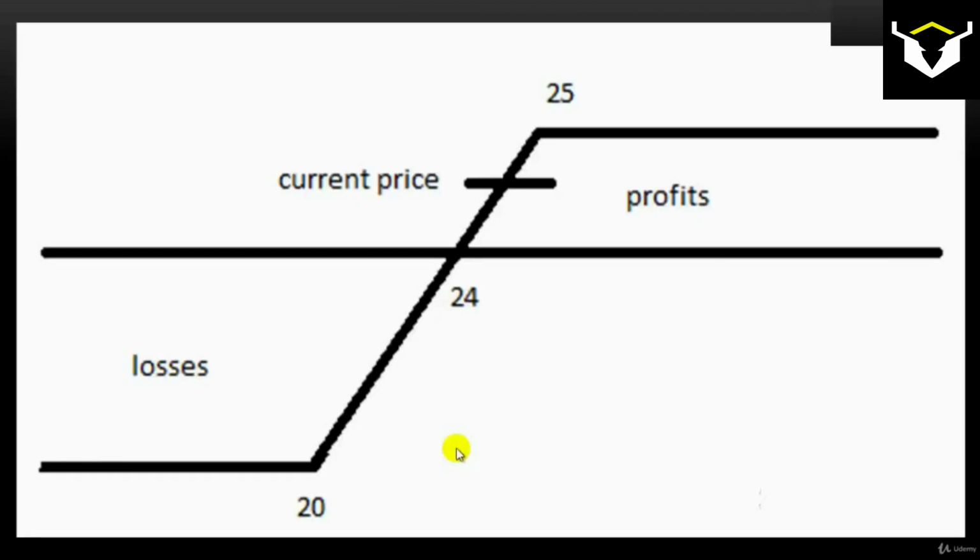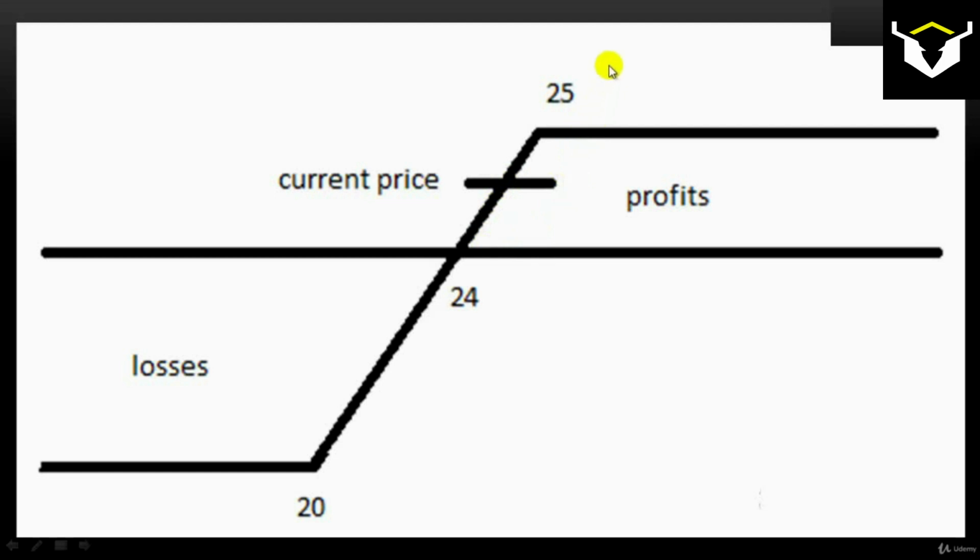Here is a visual example of how this could work. Let's say this is the current strike price. This is the level where you have bought your calls, and 25 is the level where you have sold your calls, and this is where the market is trading currently. If the market was to fall till 24, you will make a little loss. If the market was to rise to 25, you will make a little profit.